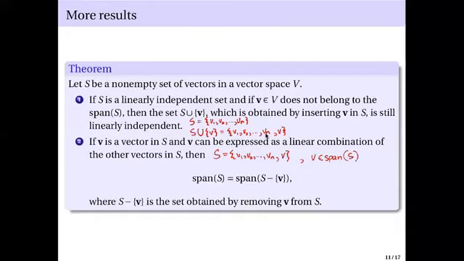Oh, sorry. V belongs to the span of the set V1, V2 until Vn. So V can be expressed as a linear combination of other vectors in S. So your S is this guy. It contains V also. But V is a linear combination of the other vectors. So it belongs to the span of V1, V2 until Vn.